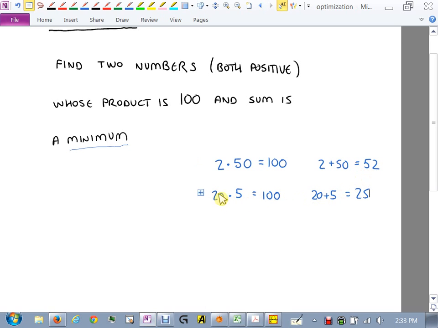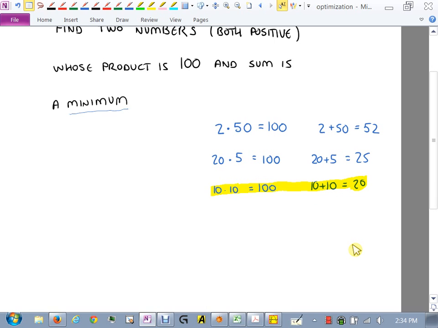I'm supposed to find 2 numbers that multiply to be 100, which I did in both cases, but the sum of those 2 numbers needs to be a minimum, the smallest it can possibly be. So I heard 10 and 10. 10 times 10 is 100. And then 10 plus 10 is 20, right? This looks like it might be the best case scenario, unless you can think of something else.